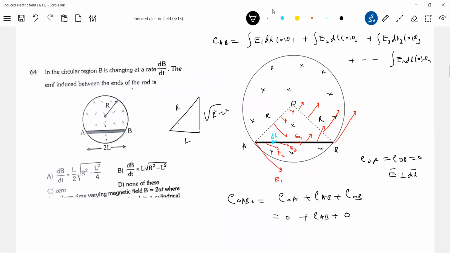So this will be half into L into root of R square minus L square dB by dt. This is the method we get.